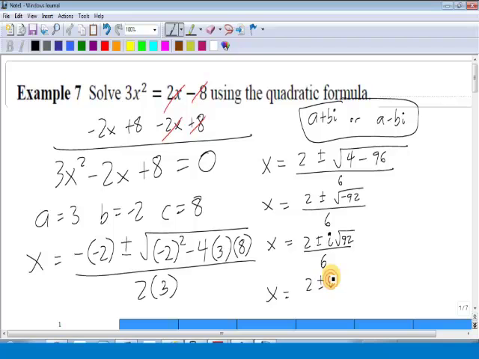2 plus or minus i times the square root of 4 times the square root of 23, all over 6. And then up here somewhere, x equals 2 plus or minus, how about 2i times the square root of 23, all over 6.